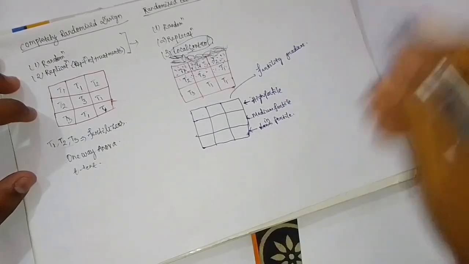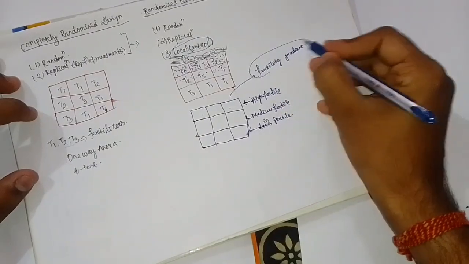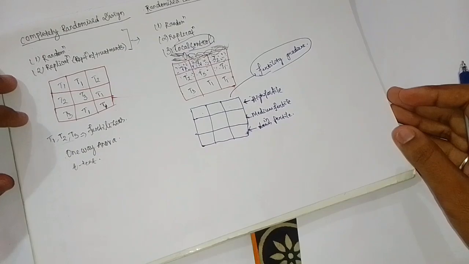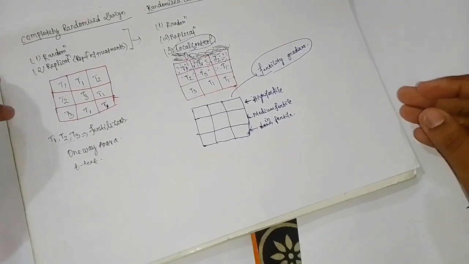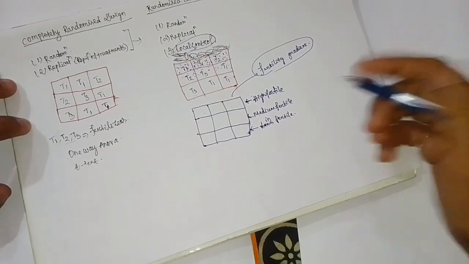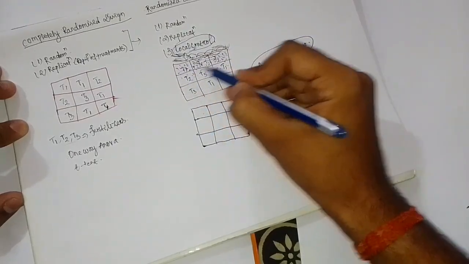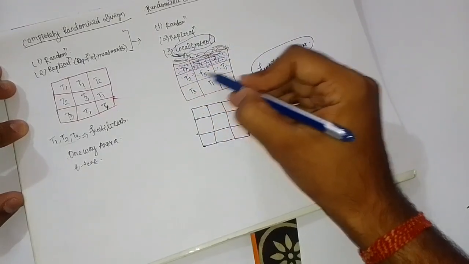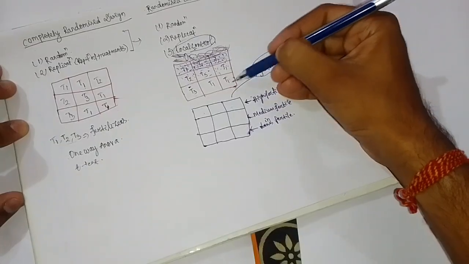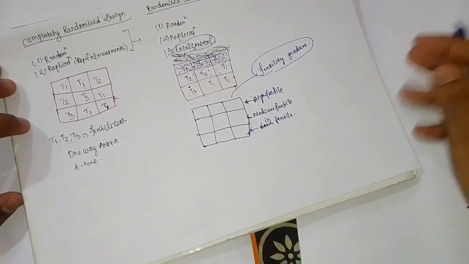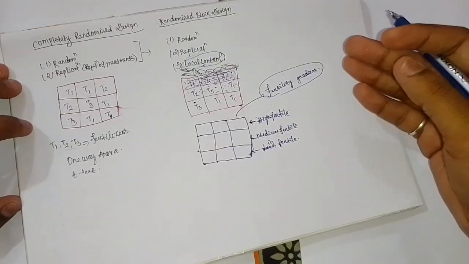So fertility gradient refers to what? We hear the term many times, that the fertility gradient is only in one direction. So here the fertility gradient is such that these plots are more fertile compared to these 2 blocks. So how is randomized block design different from completely randomized design?